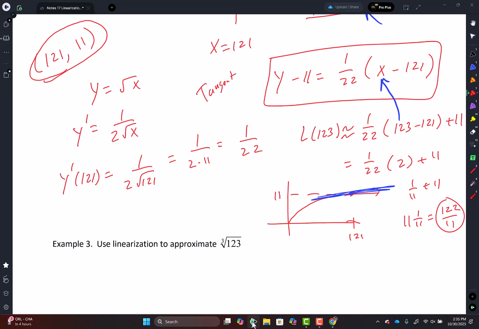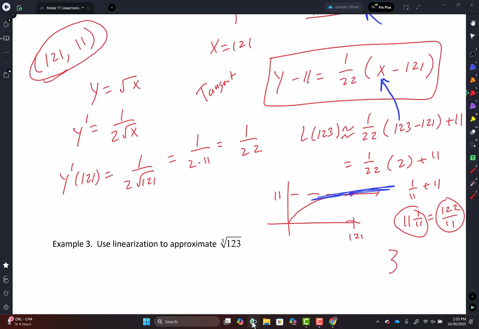I just did 11 times 11 plus 1, from when you learned, like fourth or fifth grade, when you have a fraction. Improper fraction or something? 11 times 11 plus 1. Because this is 11 and 1 over 11. So 122.